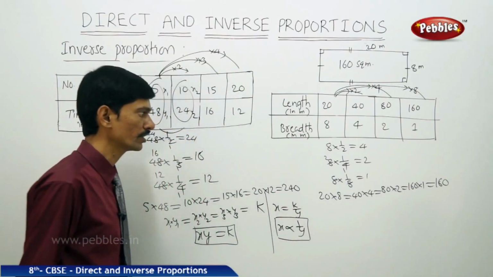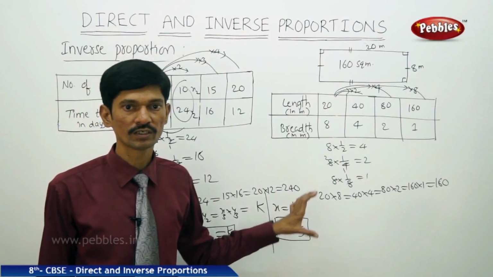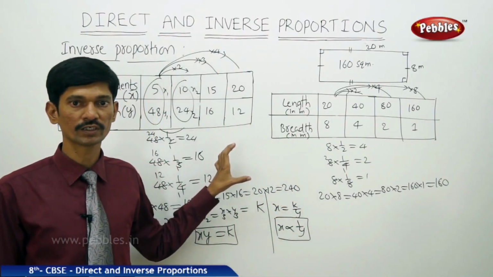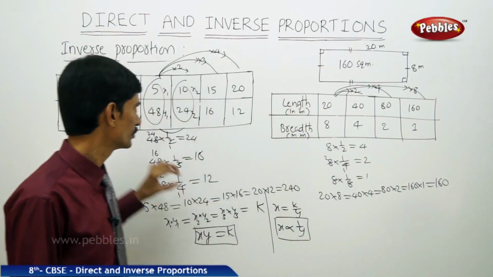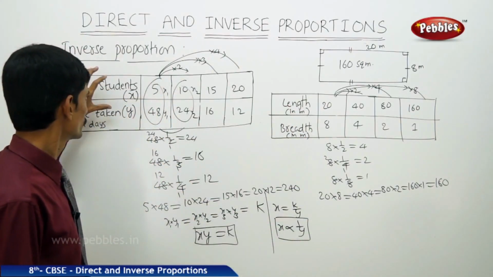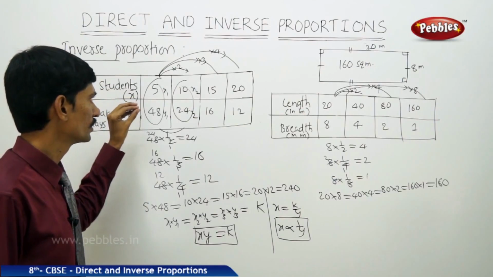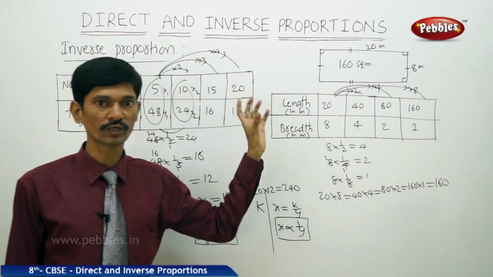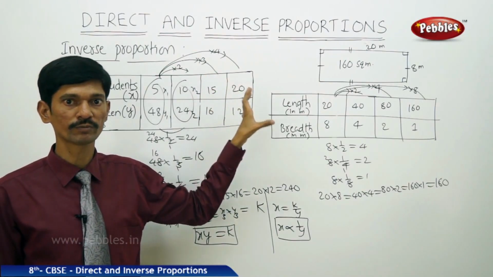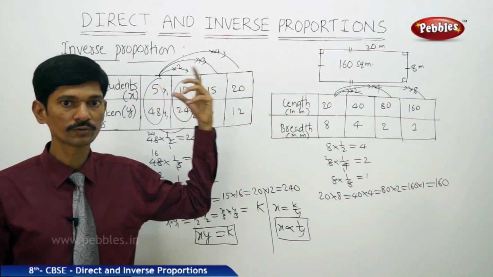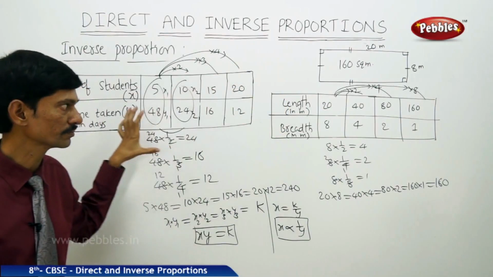So when the two quantities are in inverse proportion, then the product of the first quantity and the second quantity remains a constant. So if the change in one quantity leads to a change in the other quantity in a manner that the product of those two quantities remains a constant, then the two quantities are said to be in inverse proportion.